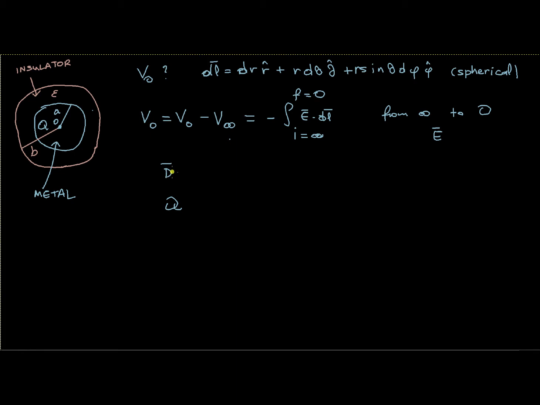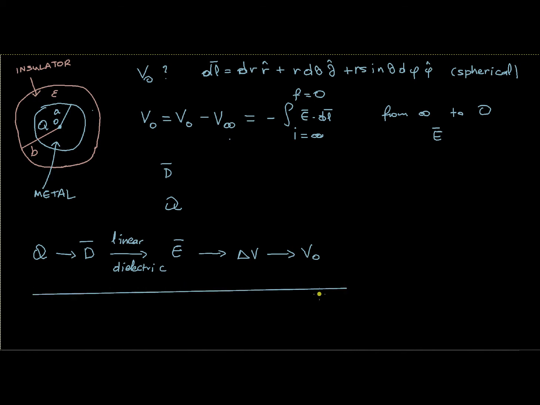From Q, I'm going to find D. From D, I will use the fact that it's a linear dielectric, and this will allow me to find E. And from E, I will find the potential difference, and from the potential difference, I will find the potential at the center. So overall, these are the steps I will take.